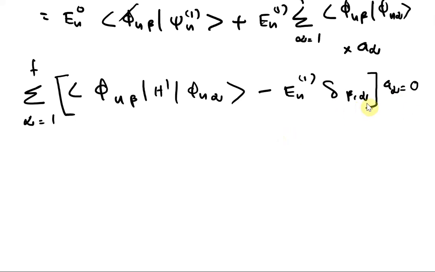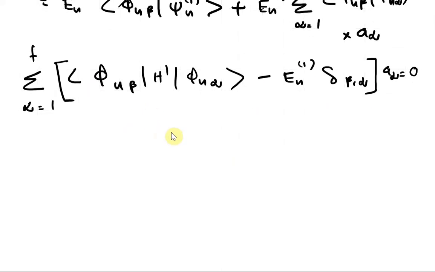Only when alpha is equal to beta does it have a value. So it's a matrix. This is actually a matrix component, an operator sandwiched between two things, so that is one element of a matrix, and you are varying your alpha value from 1 to f. You know how to do it.